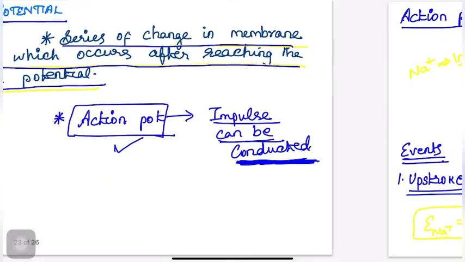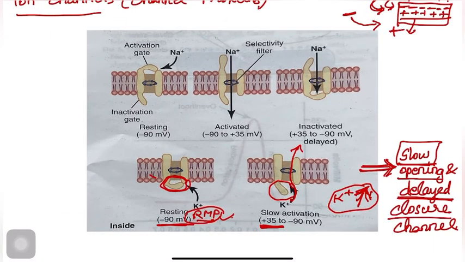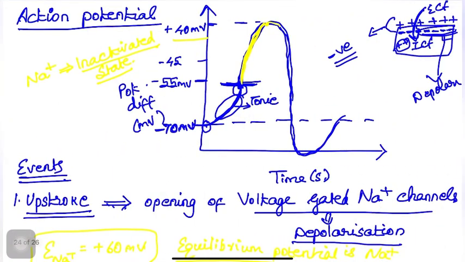As you remember from when we studied ion channels, when the membrane potential reaches plus 35 millivolt, the inactivation gate gets closed and the channel goes into the inactivated state, right? So even though the equilibrium potential of sodium is plus 60 millivolt, when the membrane potential reaches plus 35 to plus 40 millivolt, the upstroke stops.